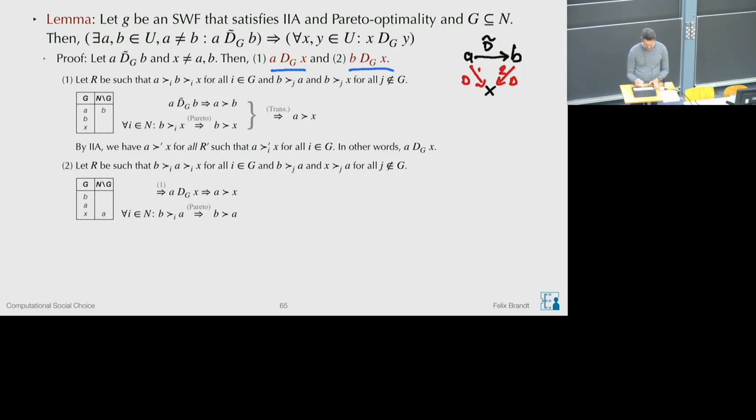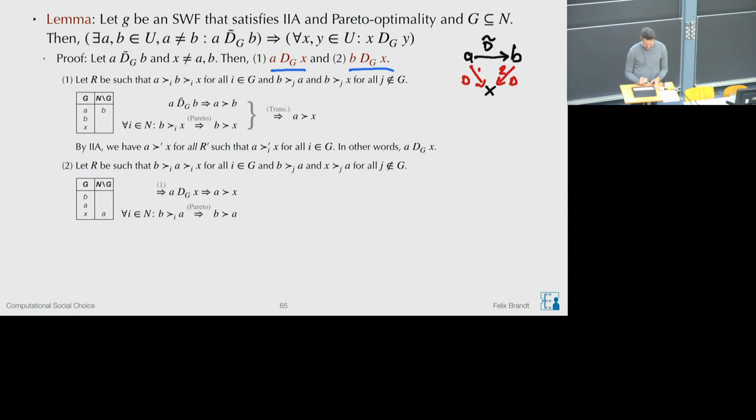Therefore, what we have just shown is that G is decisive for A against X. So also in this preference profile, G should be decisive for A against X. Here the voters in G prefer A to X. It doesn't matter how the other voters rank X and A. If everybody in G prefers A to X, then in the collective preference relation, A has to be preferred to X. So by what we have shown in 1, collectively, A is preferred to X, reusing what we proved up there.